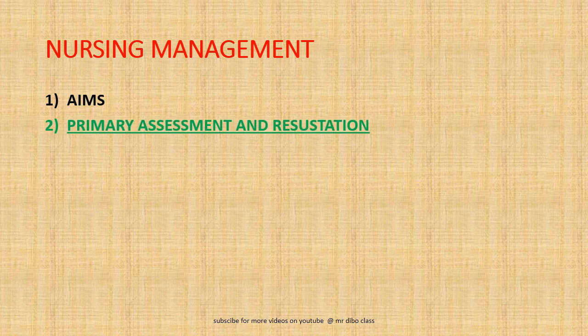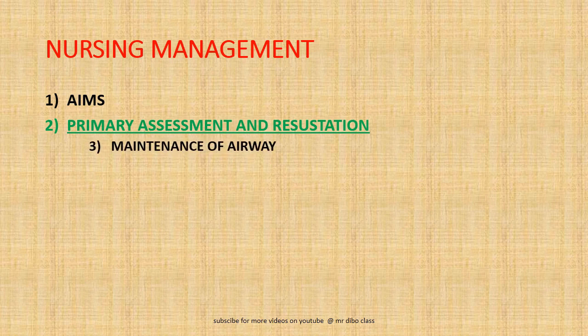Some of the aims you should consider are to make sure that your patient achieves healing as quickly as possible, as well as to restore rapidly the functions of all body organs, as well as to prevent complications which may come as a result of fluid loss, like hypovolemic shock. If it's there, make sure that you treat it. Then from aims you move to primary assessment and resuscitation.